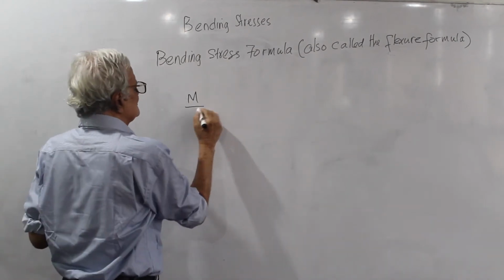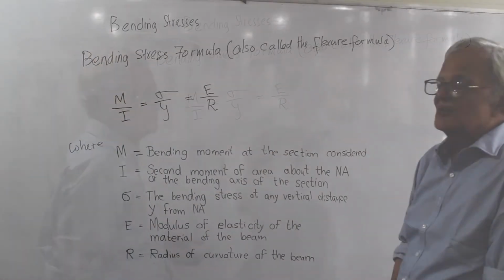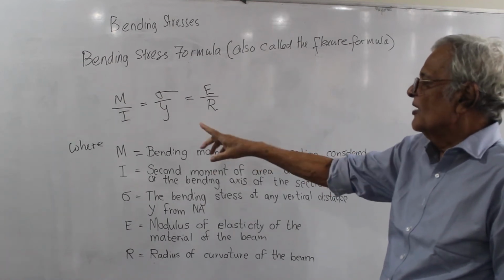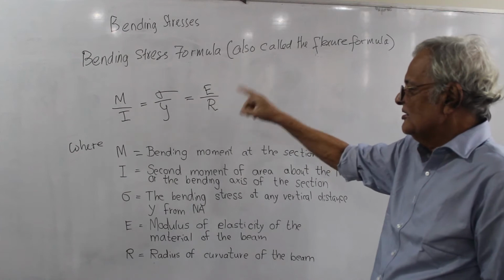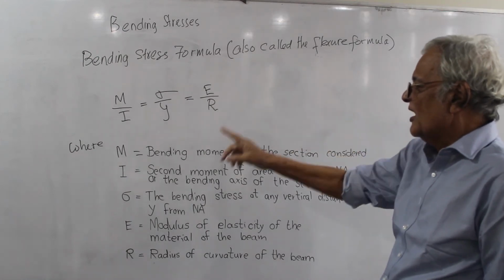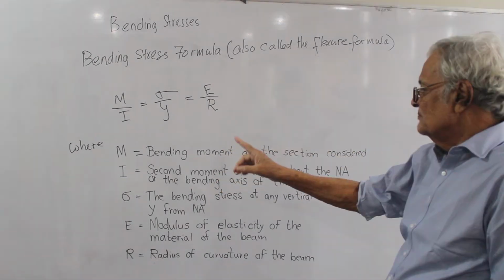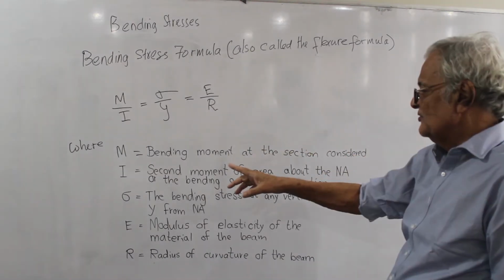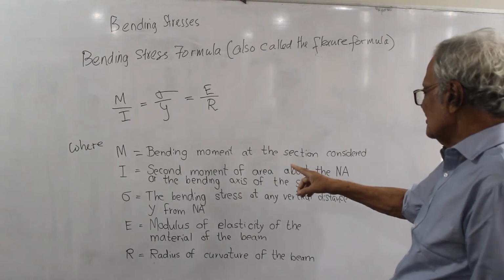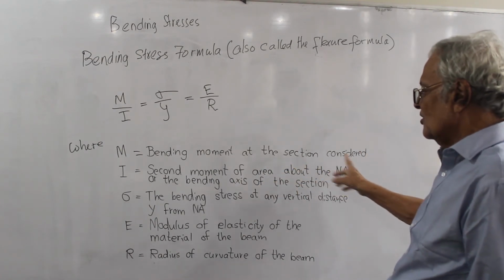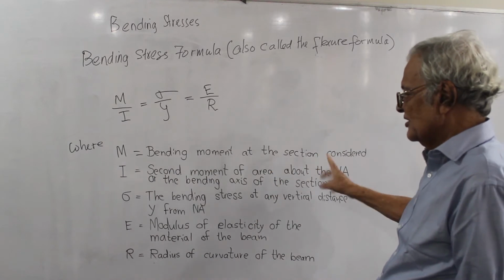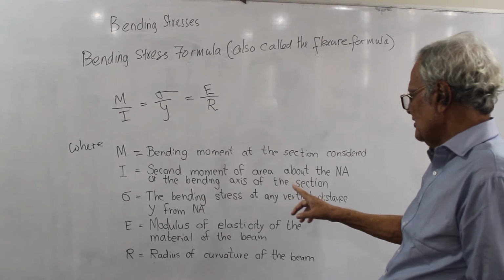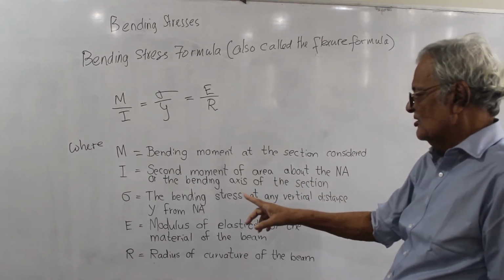The formula is M over I equals sigma over y equals E over R, where M equals bending moment at the section considered. I is the second moment of area about the neutral axis of the section. Sigma is the bending stress at any vertical distance y from NA.